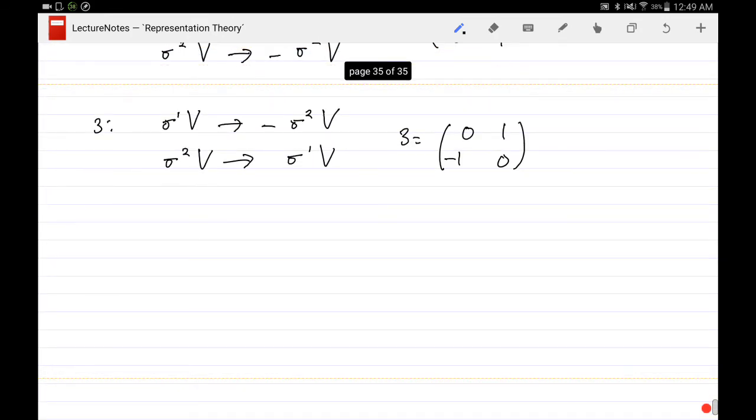So given that that's the case, what is the dimension of the induced representation?